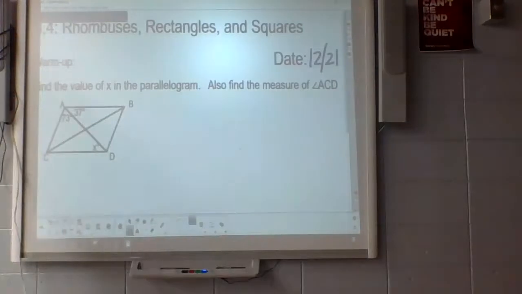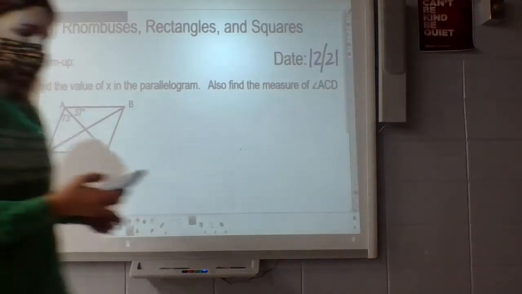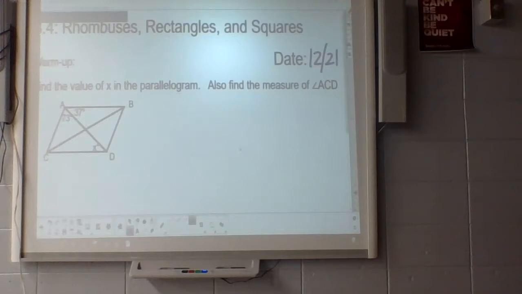So hopefully you guys are able to find the value of x in the parallelogram. We had to do this a little bit in our homework last time. It has to do with the properties of a parallelogram, that those lines are parallel. That tells us we have a whole bunch of angles that are equal as well.